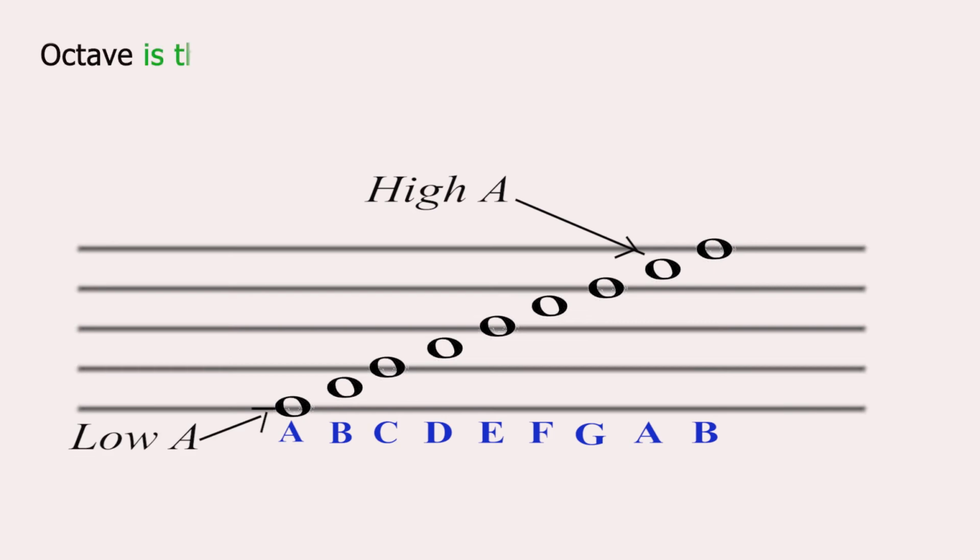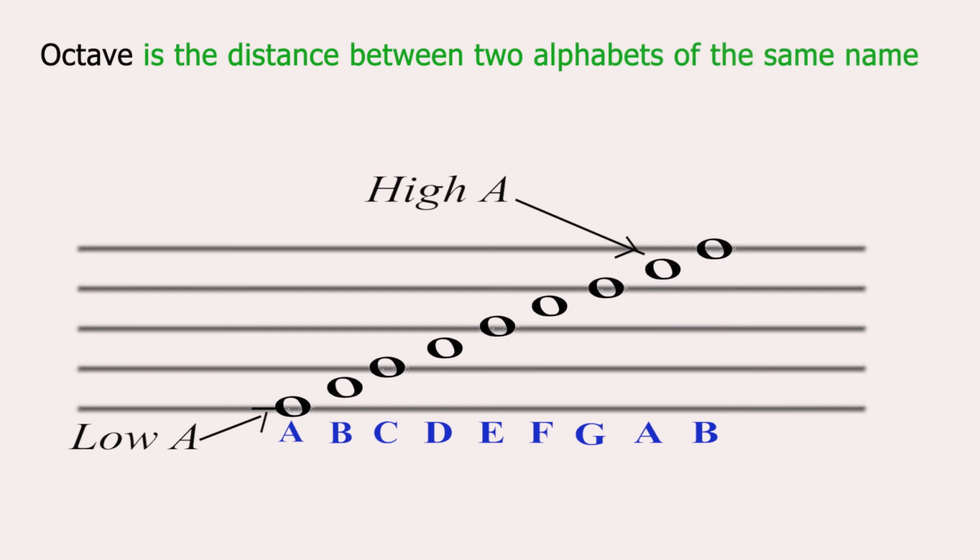The distance between 2 A's or 2 G's or any 2 alphabets of the same name is called an octave. If you count the notes between one A and another, that is A, B, C, D, E, F, G, and then A, you will find that the higher A is the 8th note from the first A.